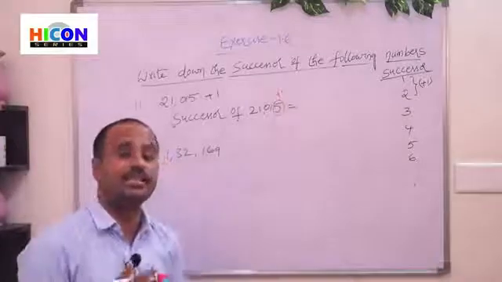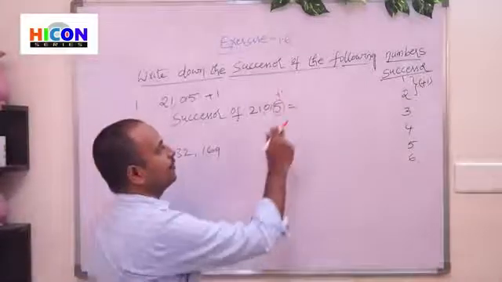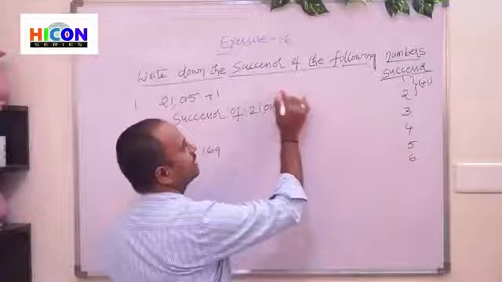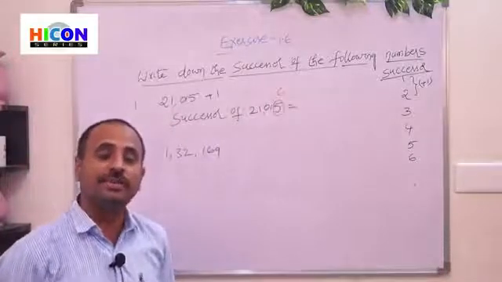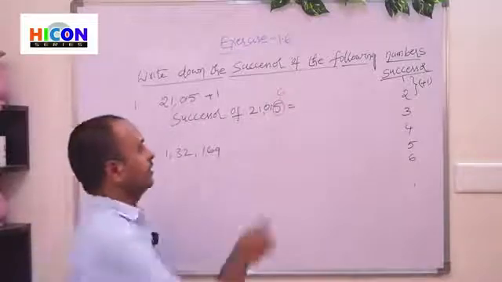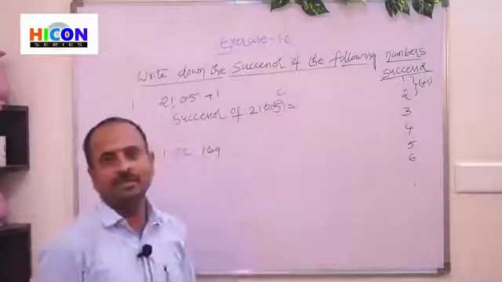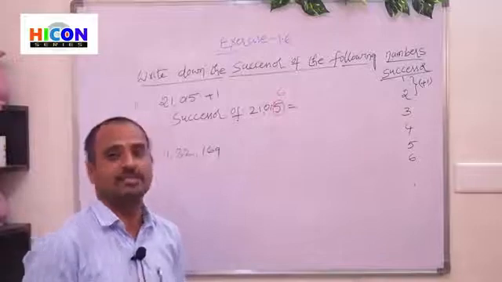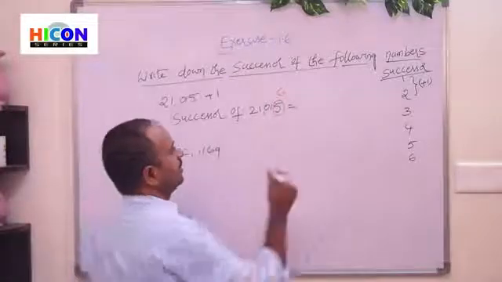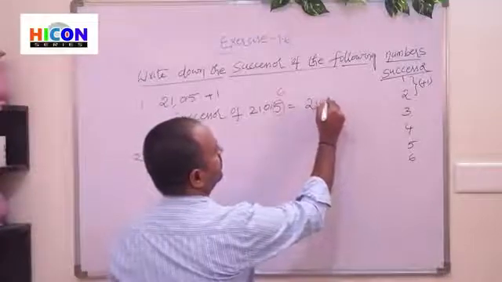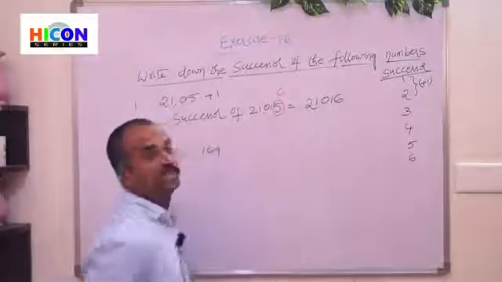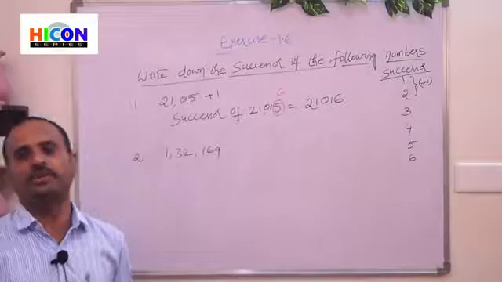So just increase the digit in the ones place. After 5, we will get 6. So the successor of the number becomes 21,016.